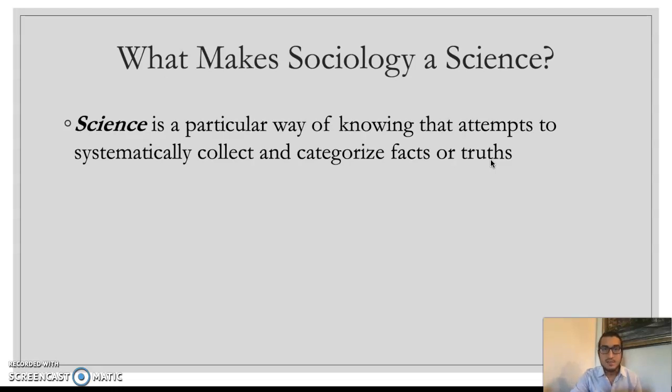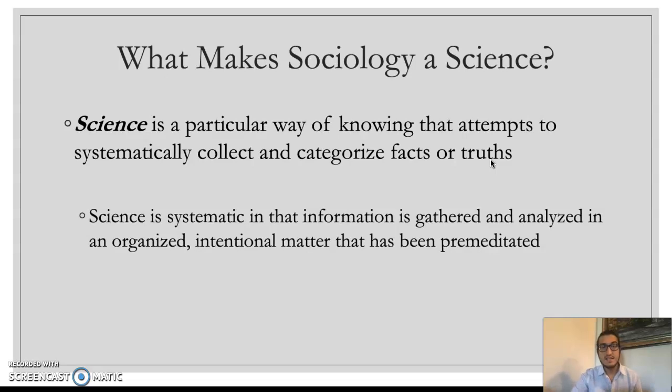Well, a science is a particular way of knowing that attempts to systematically collect and categorize facts or truths. So in sociology, we are systematically trying to better understand and predict human behaviors and human interactions in any given society. Science is systematic in that the information is gathered and analyzed in an organized, intentional manner that has been premeditated.